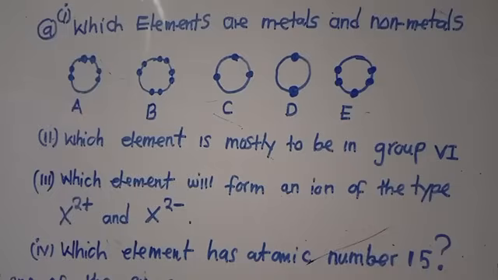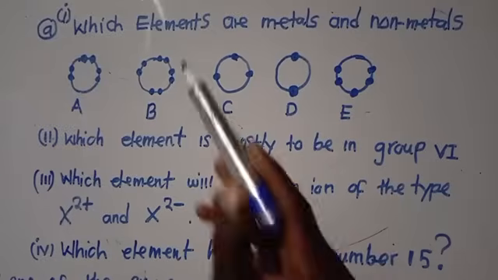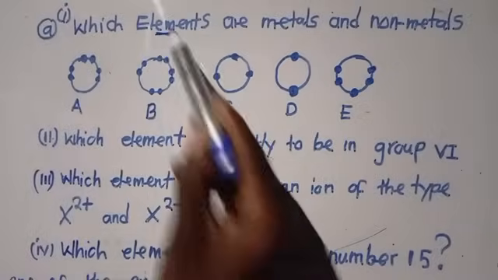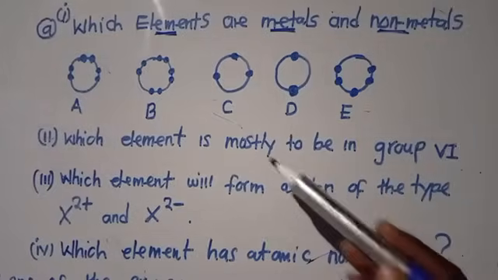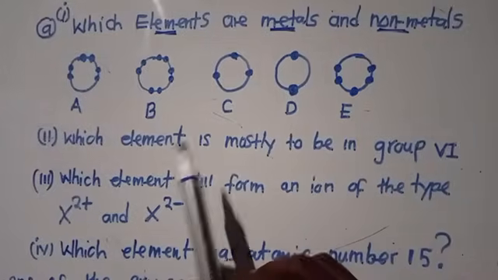Okay, so the first question is telling us, which elements are metals and non-metals? Before we answer this particular question, we need to understand what is an element, what is a metal, and what is a non-metal. This is the first thing that should come to our mind.